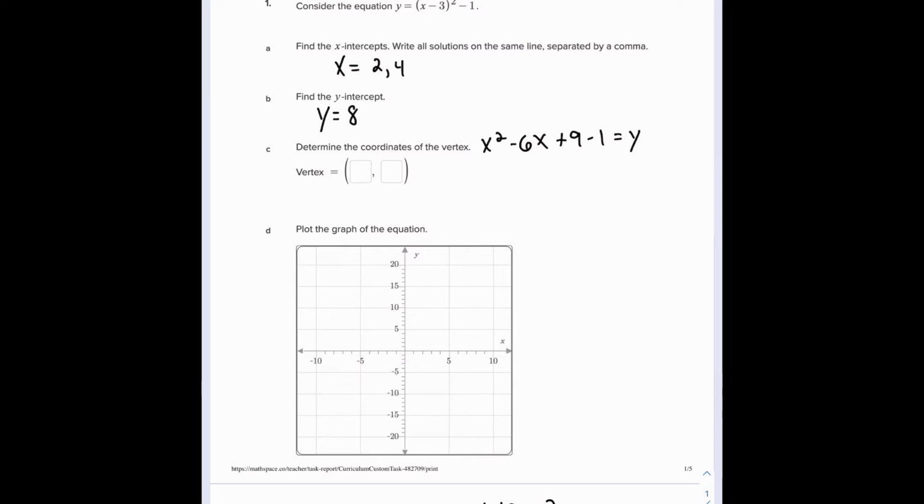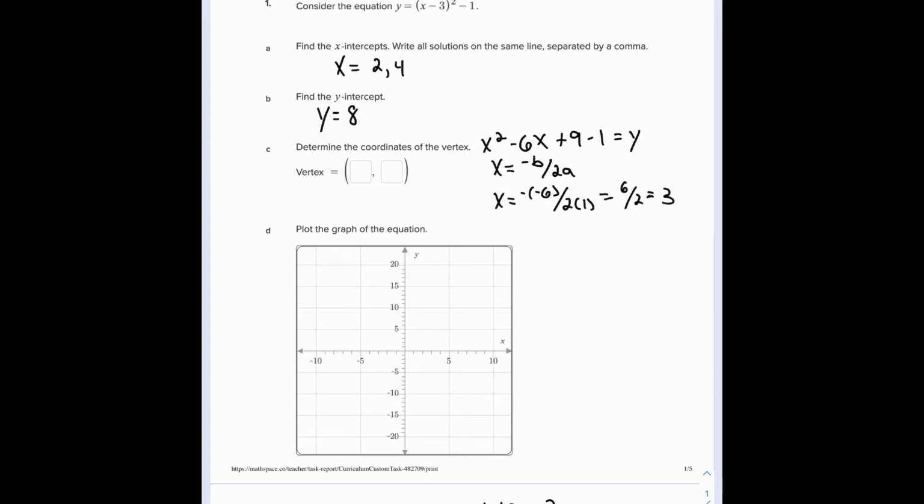Okay, so now to find the coordinates of the vertex, we have our neat formula: x equals opposite b all over 2a. In this case, b is negative 6, a is 1, so we're left with x equals negative 6 all over 2 times 1, which is equal to 6 over 2, or 3.